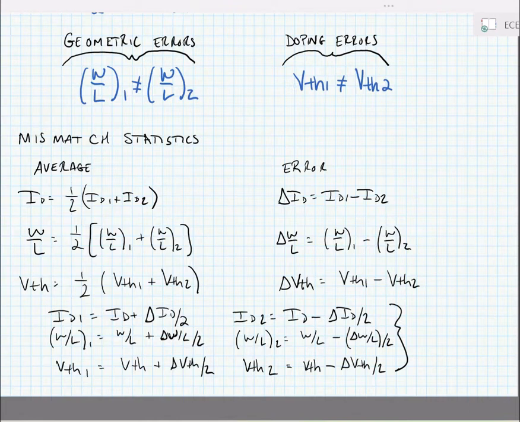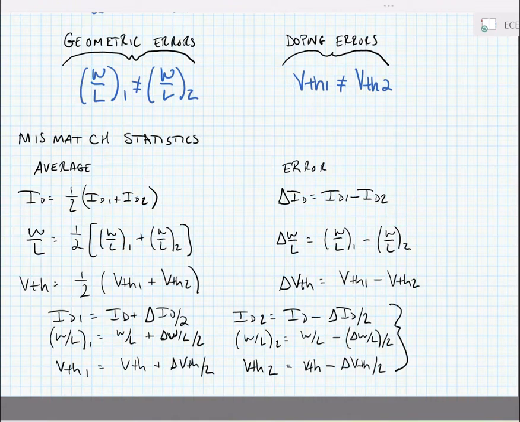Our errors are just the deltas between the two. So delta ID is ID1 minus ID2. Delta W over L is W over L1 minus W over L2. And delta VTH is VTH1 minus VTH2. Now we can write then the drain current for device 1 as the average drain current plus delta ID over 2.